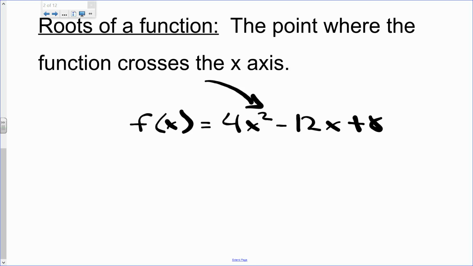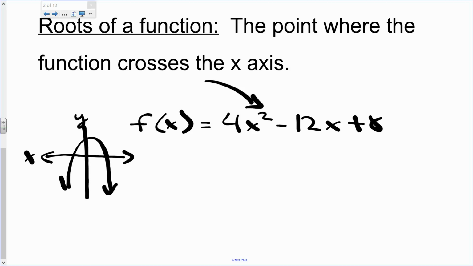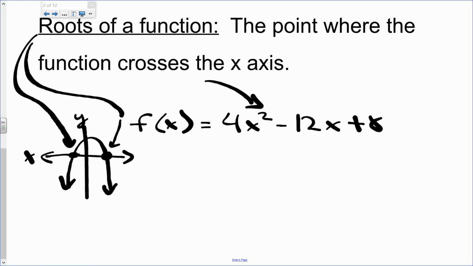Wherever it crosses the x-axis, let's say it's a parabola that opens down or something. Let's say that was a graph. These points where it crosses the x-axis are the roots. So that's what we're referring to. The roots are the points where a graph crosses the x-axis.